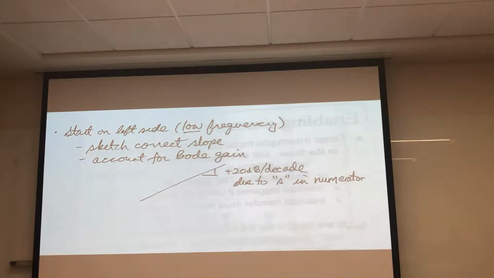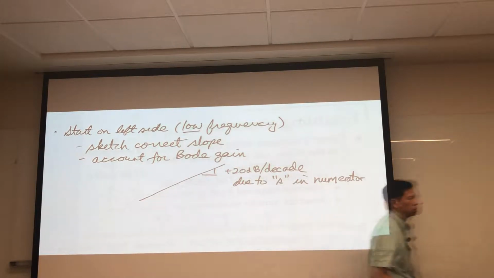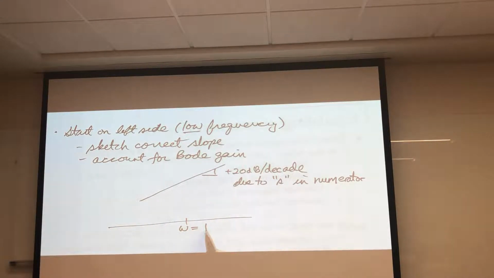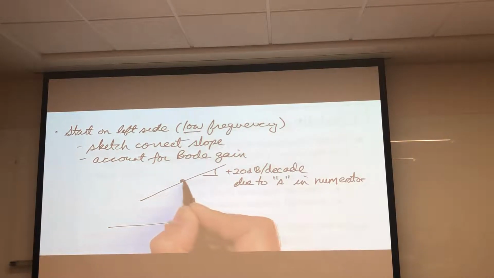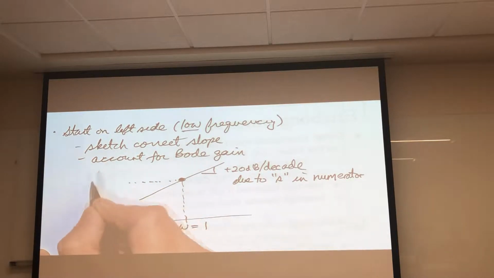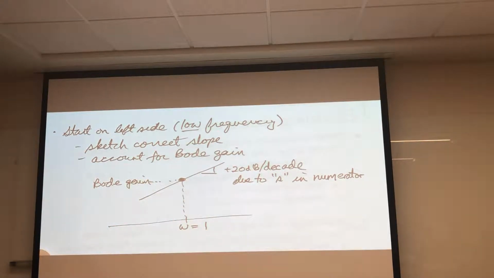So we need to put in a line with this slope on our paper. Now we also need to put that line vertically up and down on our paper in the right place. And what I typically do is I go find omega equal to 1. And then this dot here needs to be the Bode gain.